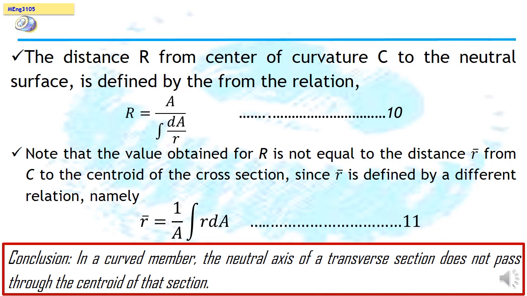So when we say R, R means the distance of the neutral surface or neutral axis from where? From the center of curvature. This is R. And R bar means the centroid. The centroid may lie somewhere here. The centroid of the section is far from the center of curvature by how much? R bar. So this is actually the basic difference between the two.